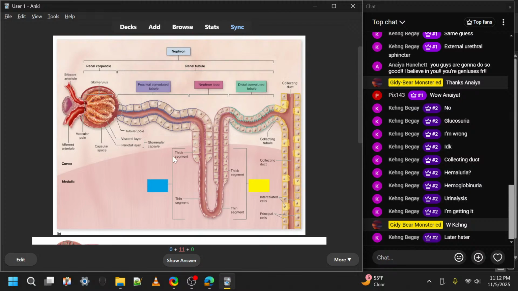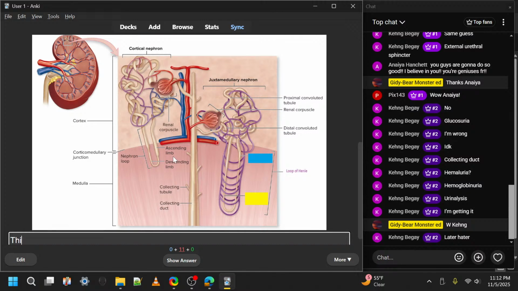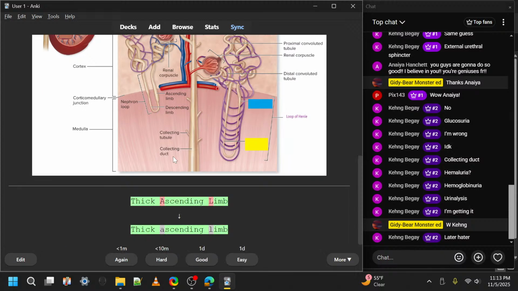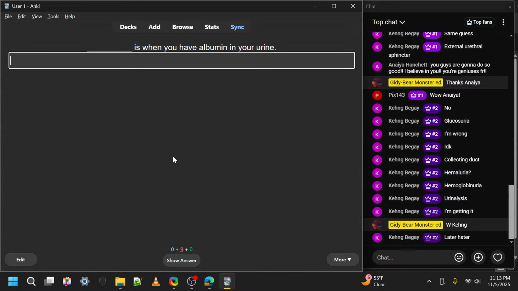It's not in the answer, but I don't care. The yellow is the thick ascending limb. Nice. This is the ureter.